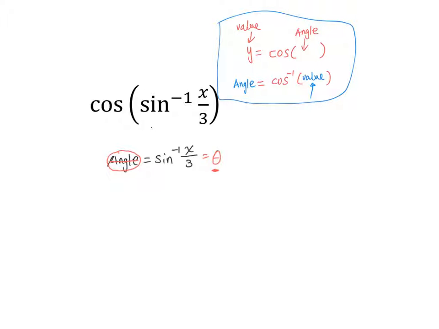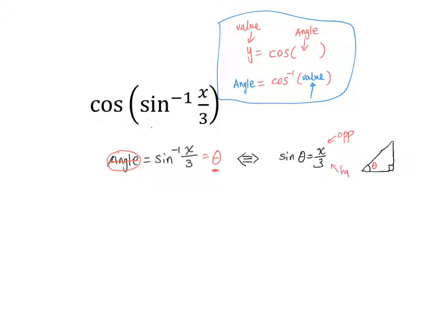This is equivalent to saying that sine of this angle is equal to x over 3. Now we can draw a right triangle. I'm going to call this angle theta, and you know sine is opposite over hypotenuse.